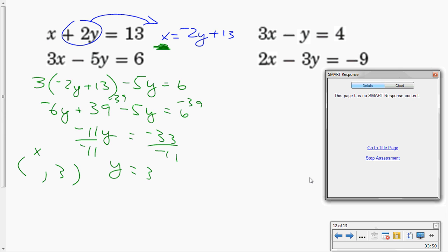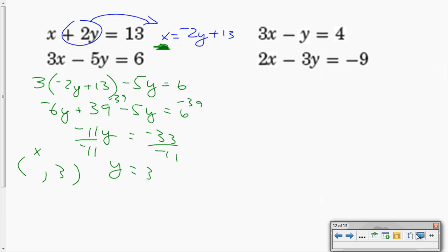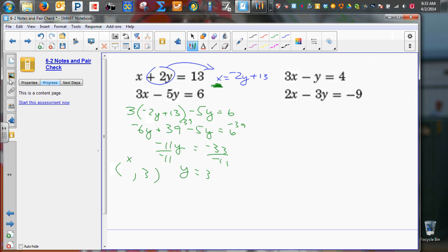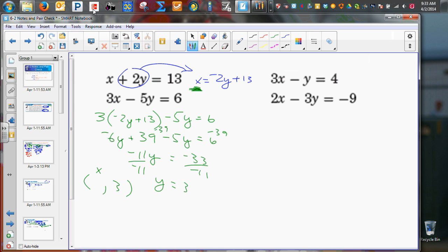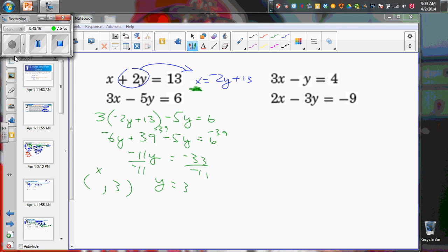Hey, can you see that? Okay. Sort of like, on both feet, you're standing like this.